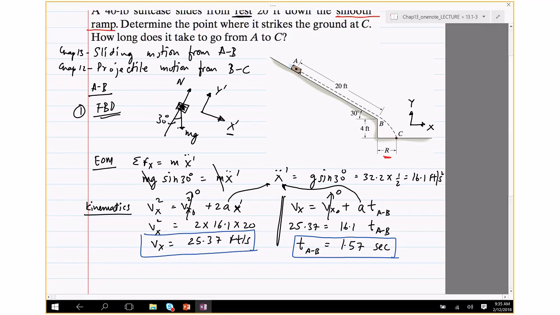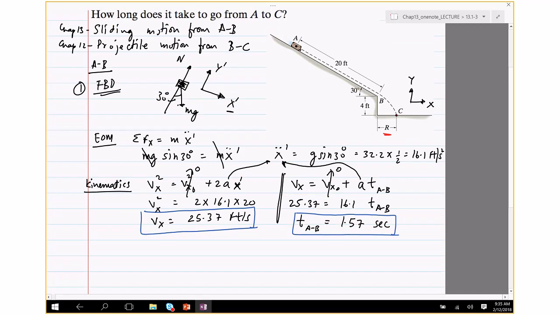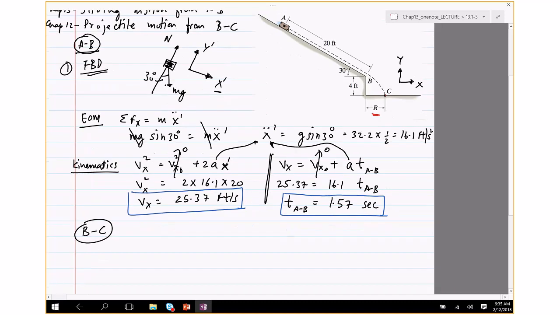Okay, so now we are in a position to continue solving for the other things, R and the time from B to C. So this was A to B. Now I'm going to look at the motion from B to C. What I know is the velocity is 25.37, which I found here.